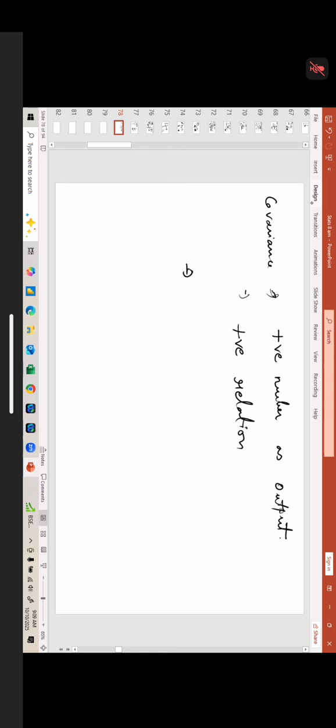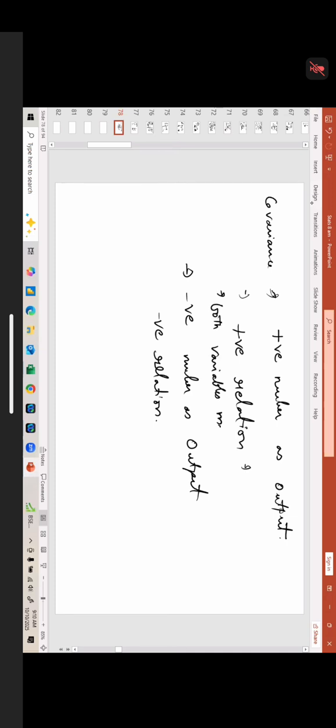If we get a negative number as output, what is the meaning of this? Negative relationship. Positive relationship means both the variables move in the same direction.